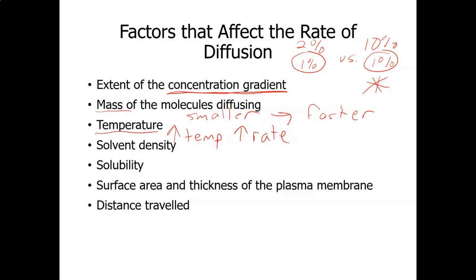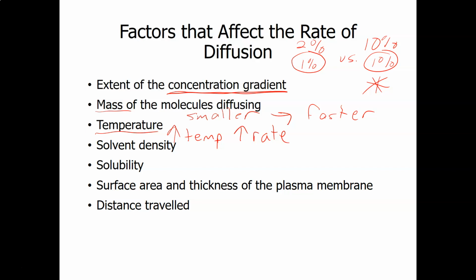The density of the solvent would be most of the time water, but it could also be like cytoplasm or cytosol, which is more dense than water. It's thicker than water. It's more like a gel.